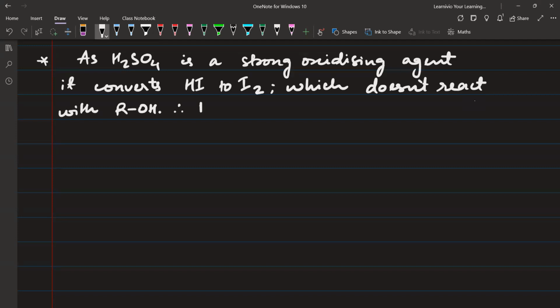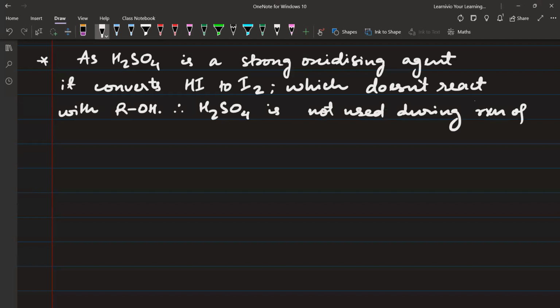Therefore, H2SO4 is not used during reaction of sodium iodide or potassium iodide.